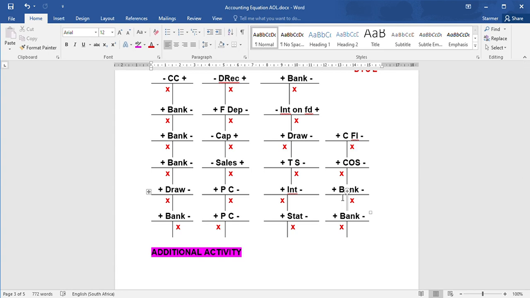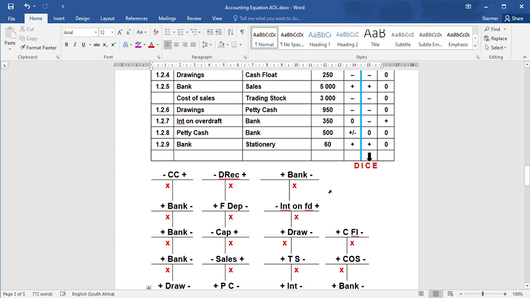So with your equation, interest on overdraft is the amount on the debit side, bank has the amount on the credit side. Interest on overdraft is an expense which decreases the worth of the business, and bank overdraft is a liability which is increasing. We cancel out that plus that will give you 0, so the two sides are equal.